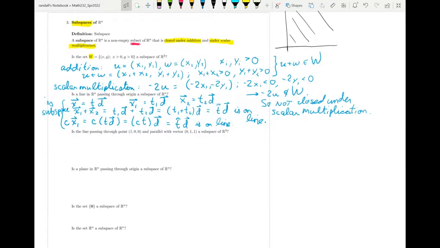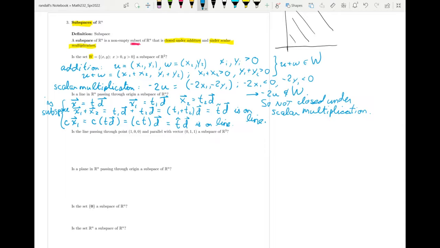Now the other case here: a line passing through a point and parallel to this vector. This is a different situation, in that it's a line, but it's not passing through the origin. So what happens in this case? Let's take a point here and see whether it's going to be in the set, on the line, or not.